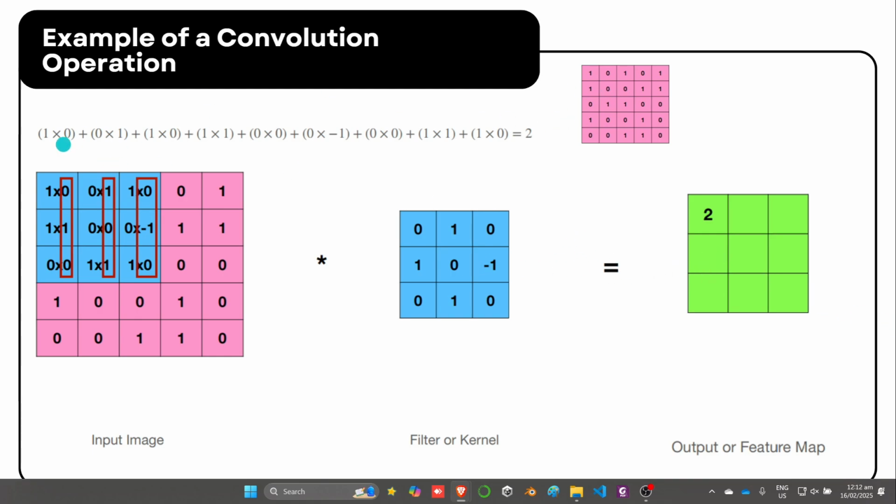Then after you multiply, you need to add each point here. For example, 1 times 0 plus 0 times 1. Then again, it results in the number 2. Then you put this into the feature map here.